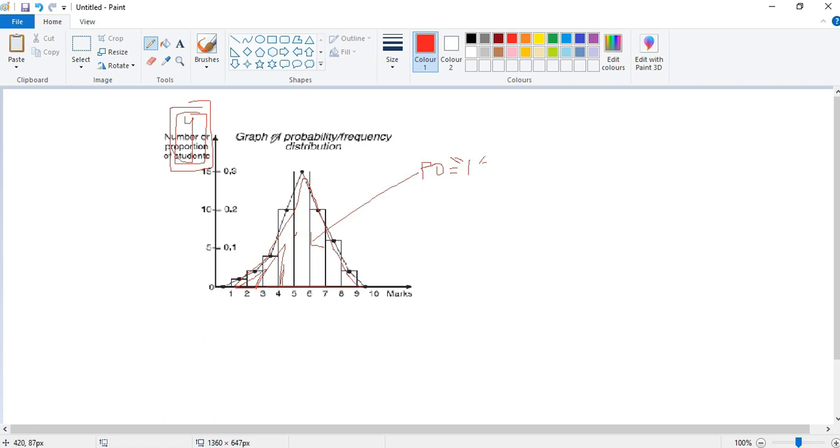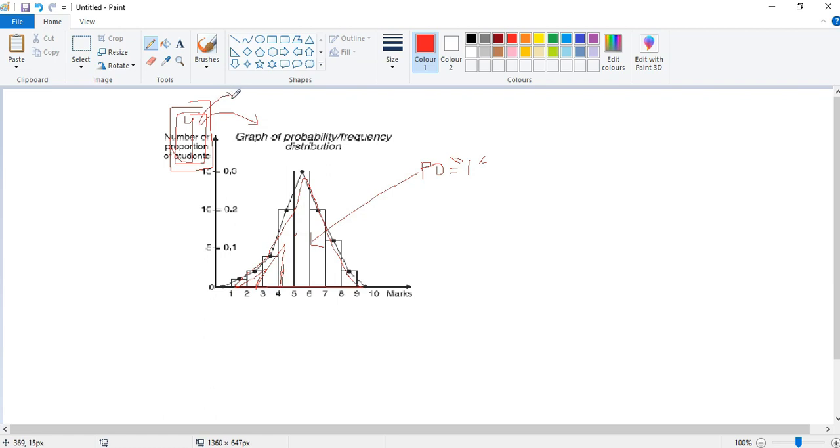Okay? In a probability distribution graph, don't mix probability distribution and frequency distribution. Please don't mix those two. Those two are separate graphs. They might look the same format, but the y-axis is different. The y-axis stands for probability distribution or frequency distribution.